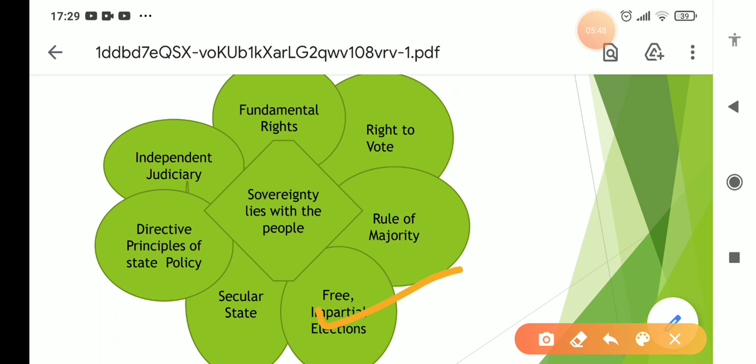Then secular state. The state is secular. The state has no religion, and it sees people of all religions equally. It looks after the people, and people have the right to religious freedom, and it is included in the constitution also.